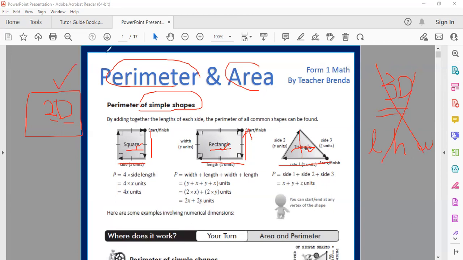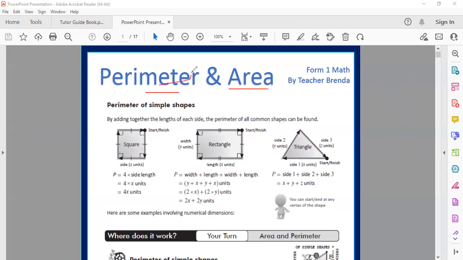Now, in two-dimensional shapes, we learn two things mainly, which is perimeter and area. Perimeter is going around the mulberry bush, and area is finding how big something is in terms of the inside space that you have. Now, a very easy day-to-day example of area and perimeter is like this.